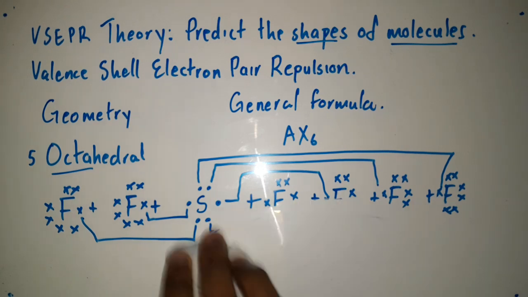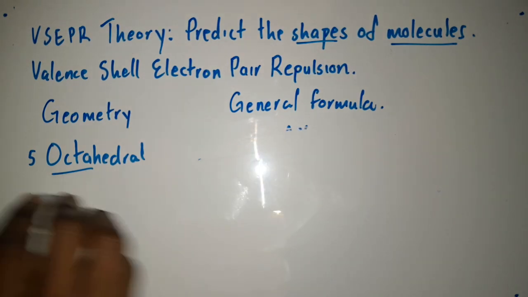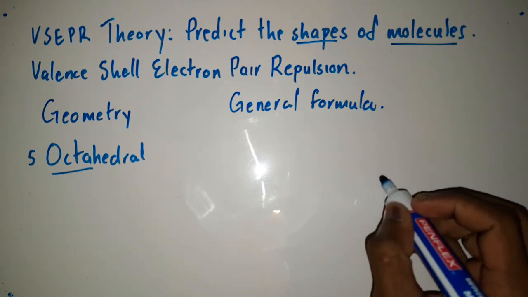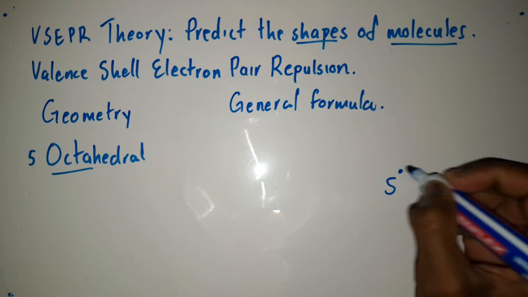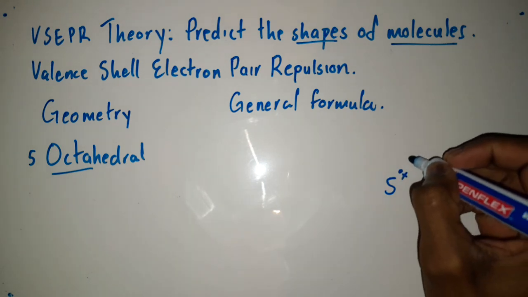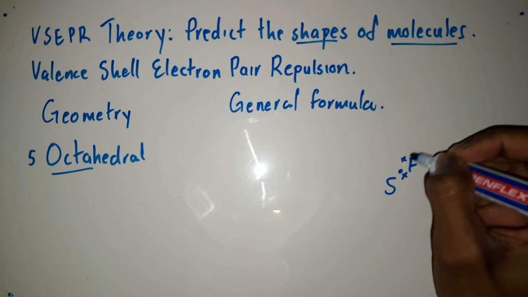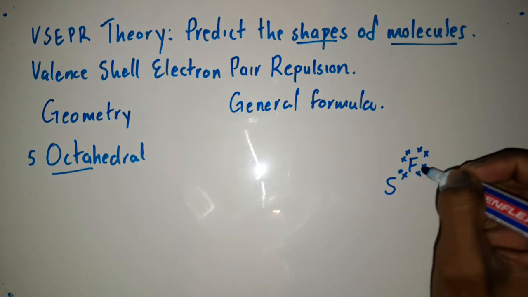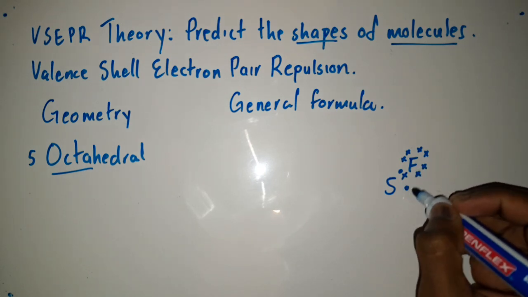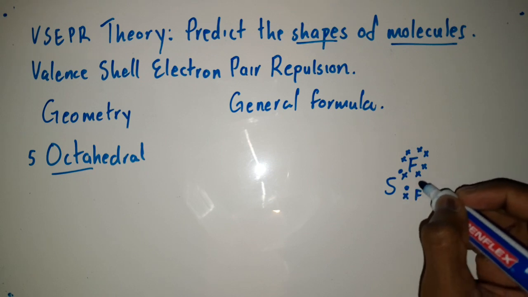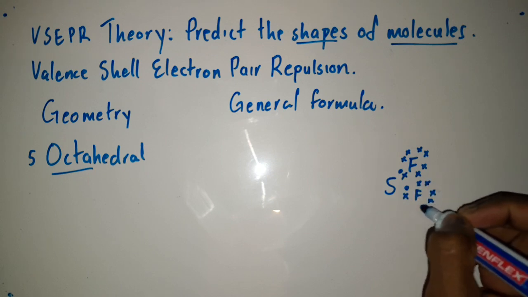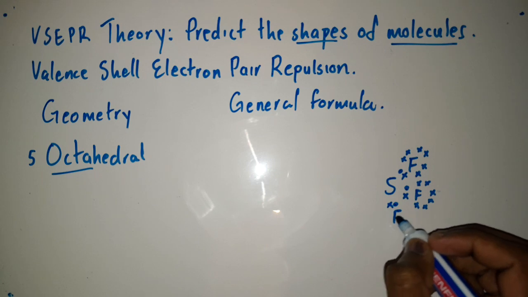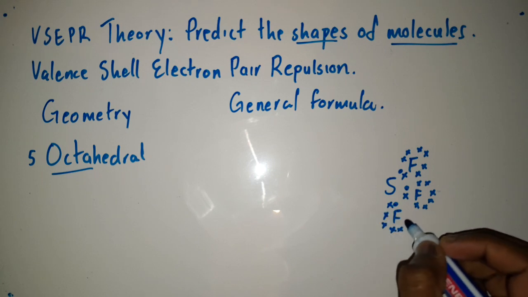Let me erase and draw. We have S somewhere here. Then it's going to pair with the first fluoride. 1, 2, 3, 5, 6, 7. Another one somewhere here. It's 1, 3, 4, 5, 6, 7. Another one, F, 6, 7.